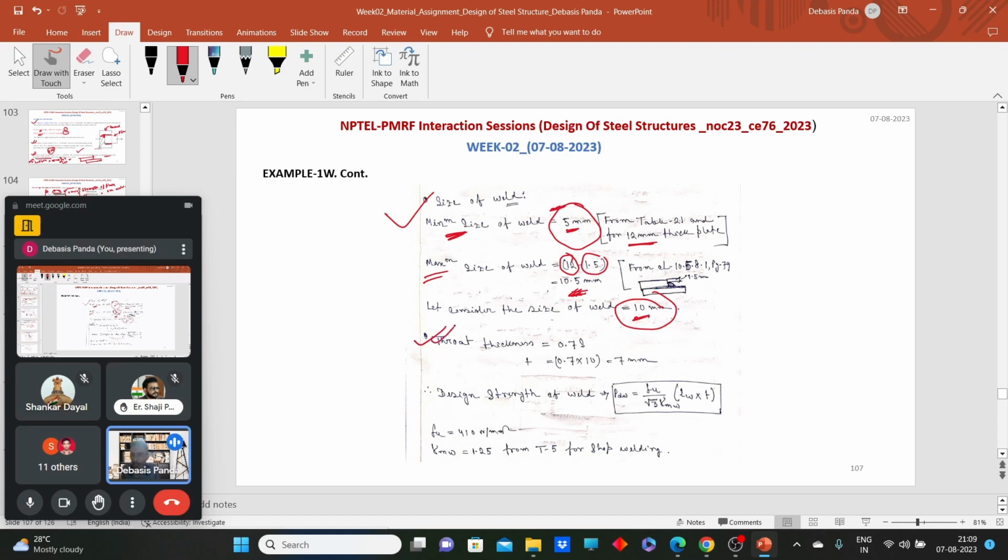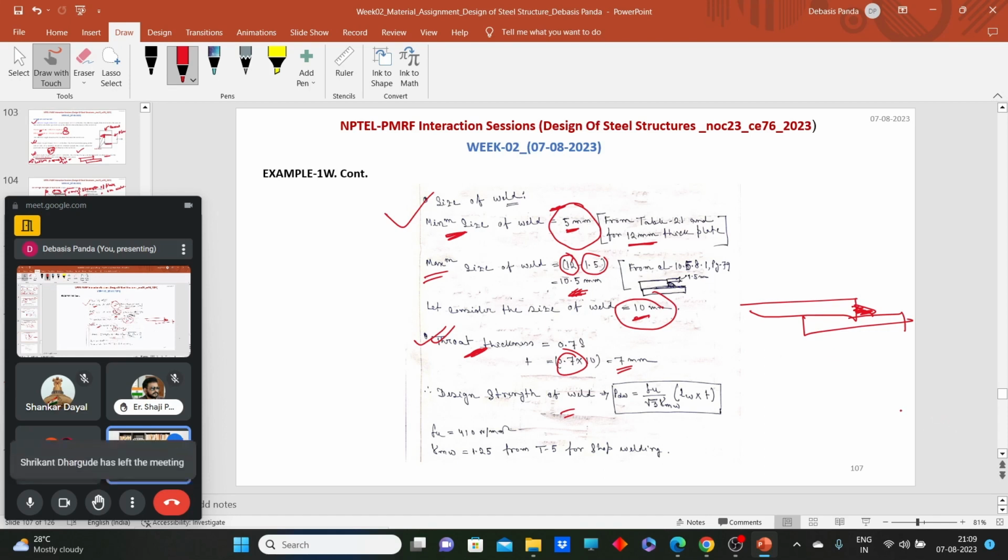So what will be the throat thickness? Here we have two plates which need to be lapped, and here we need to weld them. What will be the fusion angle? 90 degrees. For 90 degrees, what will be the value of K? 0.7. So the throat thickness will be 0.7 into S, which is 7. Now, what will be the design strength of weld per meter? We need to calculate that, and from it we can get the effective length.